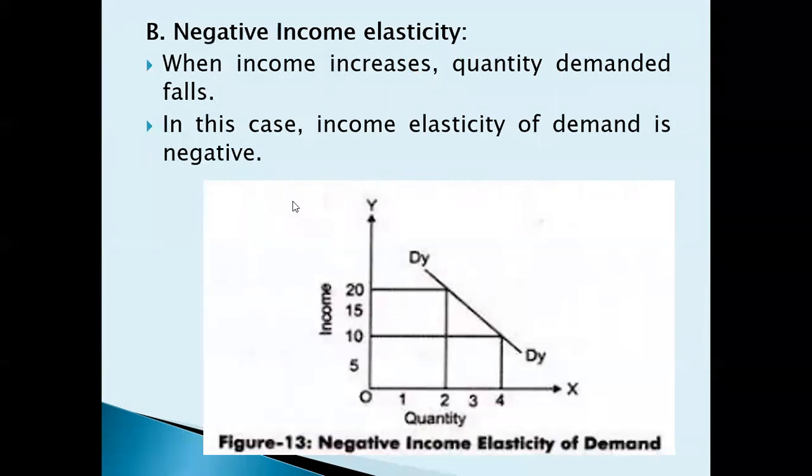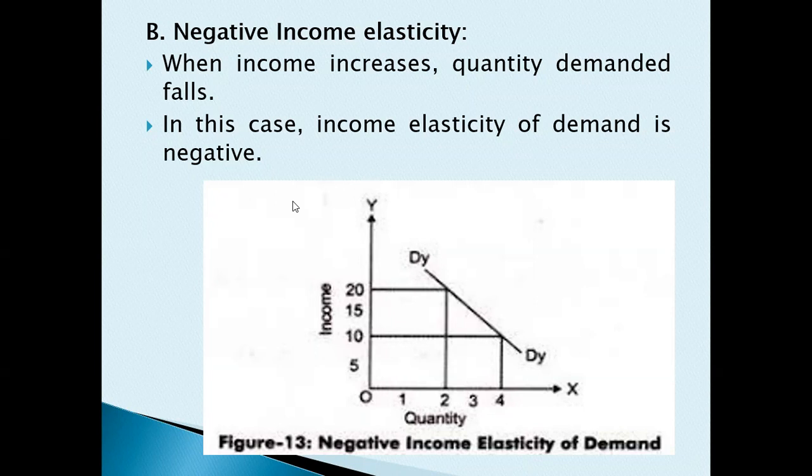Yes. Negative income elasticity. Negative income elasticity means what? When income increases, quantity demanded falls. Mera income badh gaya, mera quantity ka demand, mera product ka preference change ho jaye. In this case, income elasticity of demand is negative.